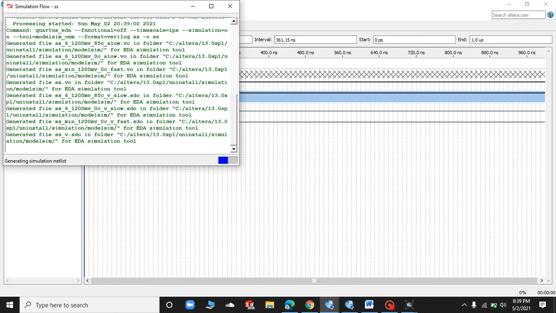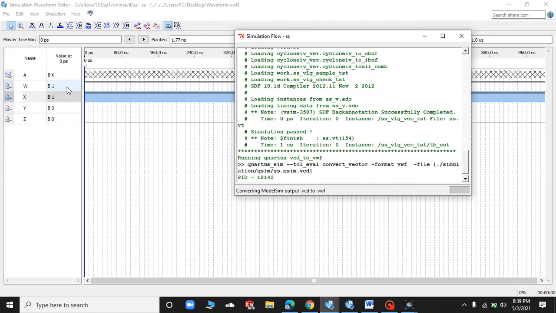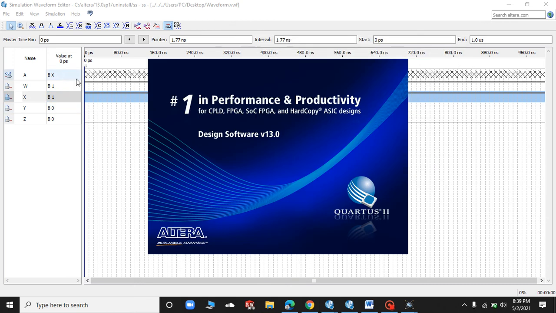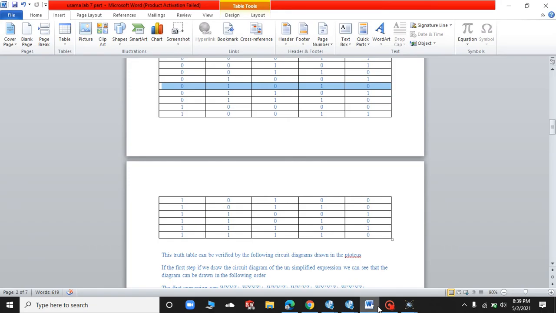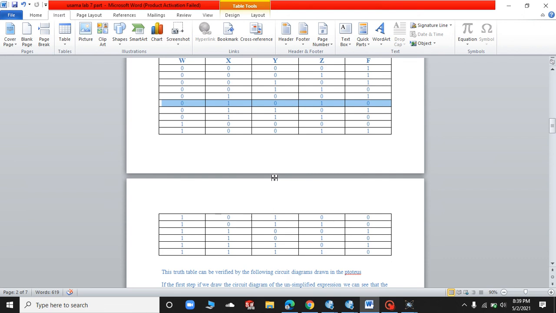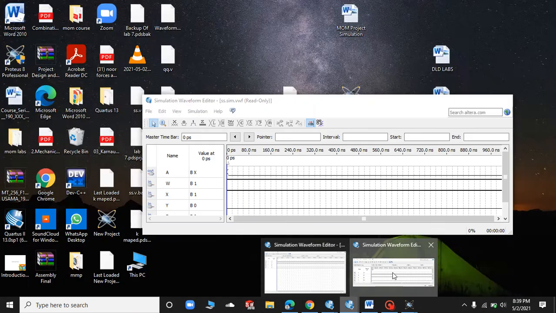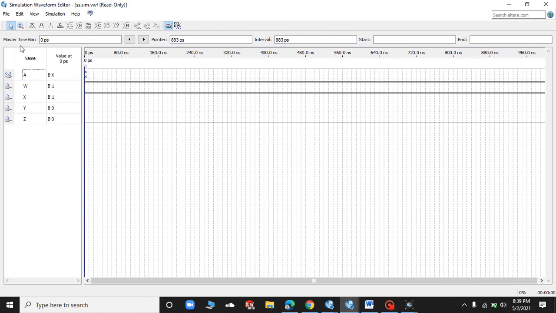When these waveforms run, you can see that when W and X have a high output, then I am getting a high output over here. In this case of the code, W and X have a high output and B is also high. B is showing an X because of the small delay.